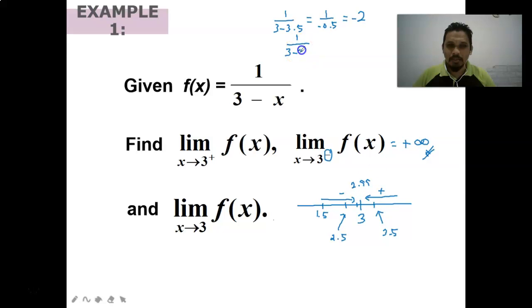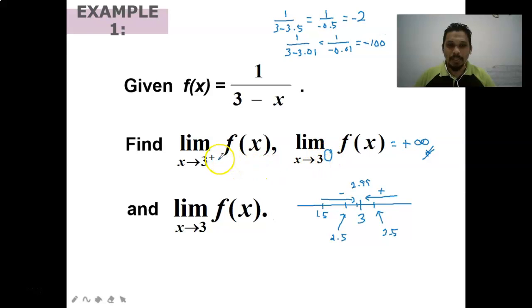Let's say 3.01. 1 divided by 3 minus 3.01 is 1 divided by negative 0.01, which equals negative 100.